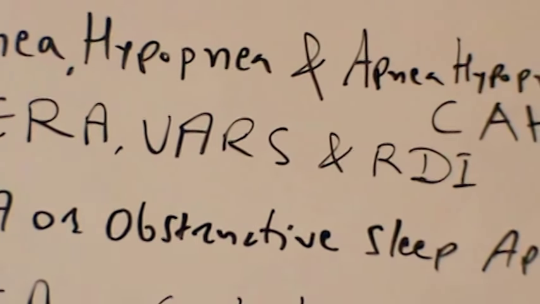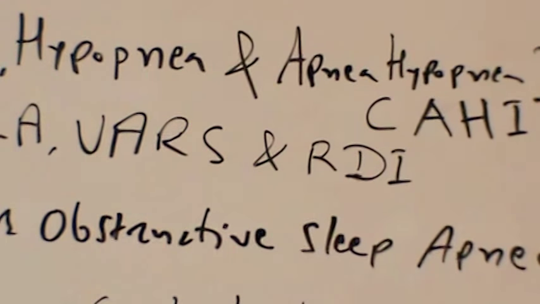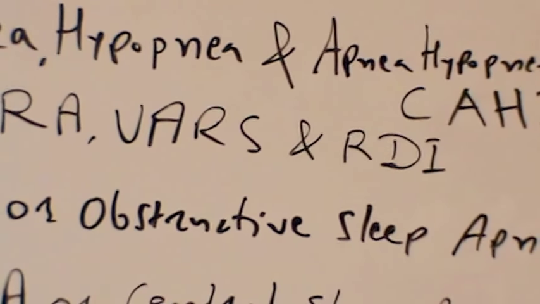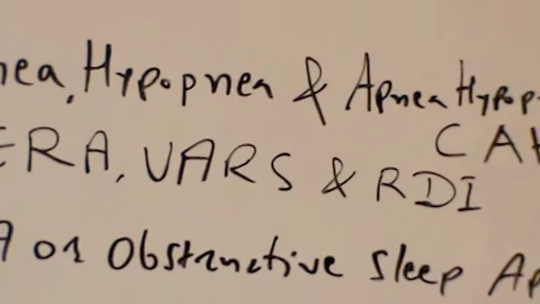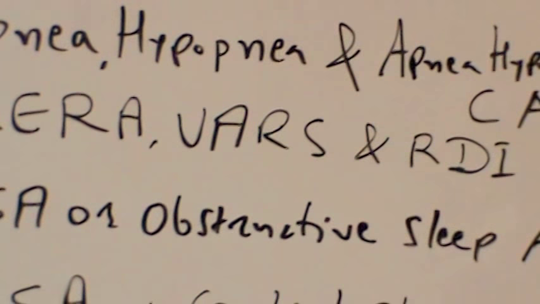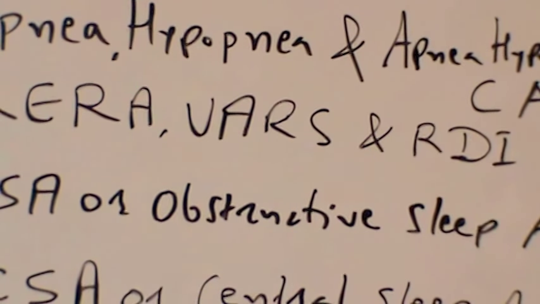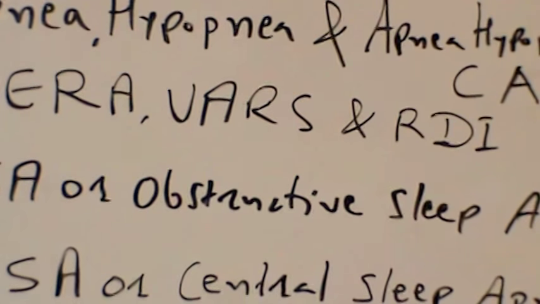The next is RDI or Respiratory Disturbance Index, and it means apneas plus hypopneas plus RERAs divided by the number of hours of sleep. So if no RERA are detected, then RDI equals AHI. Agree? If you follow the definitions of all these terms, very logical and simple.